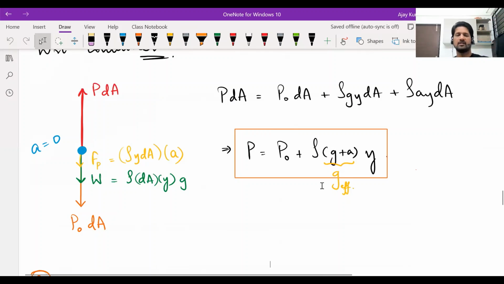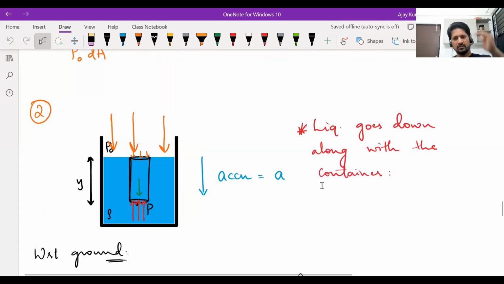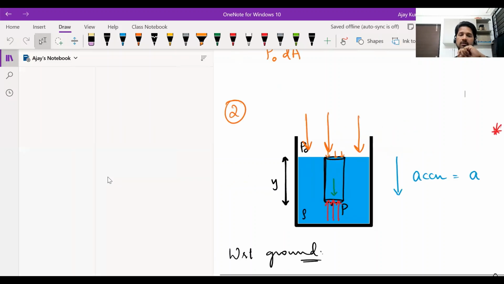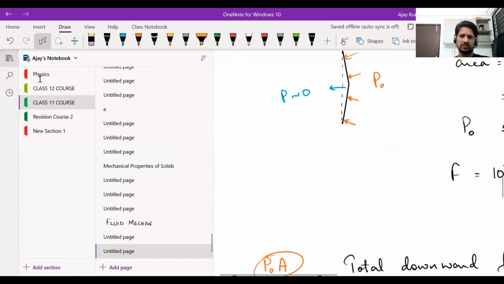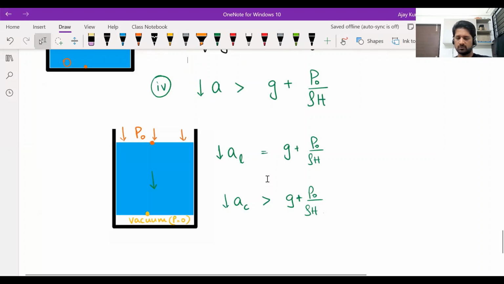If the acceleration of the container is downward, as long as a is less than g, the pressure will increase as you go down. When a becomes equal to g, the pressure will be the same everywhere. When a is greater than g, then the pressure will decrease as you go down, meaning the upper pressure will be higher and the lower surface pressure will be lower. If the acceleration of the container is more than g, the lower surface pressure can go down to 0 also.